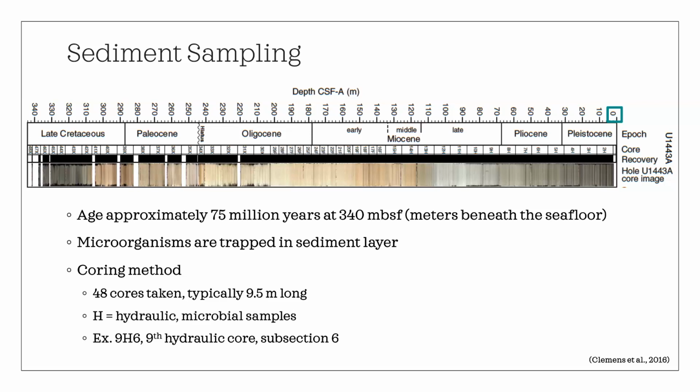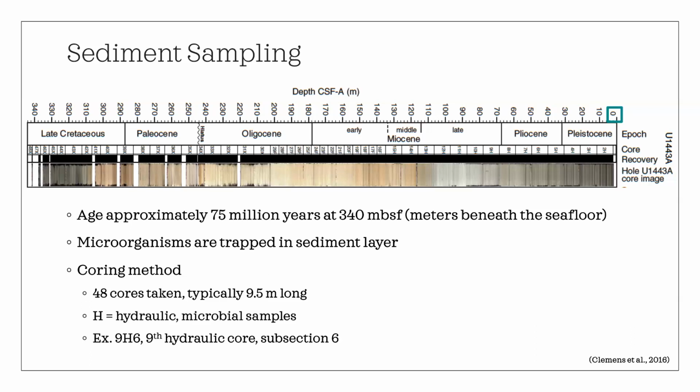Everything to the right is underneath the seafloor. As the sediment comes out, its images are taken, and this is a composite. The 340 meters beneath the seafloor is approximately 75 million years old. So this is a whole lot of Earth's history, epochs we're talking about.